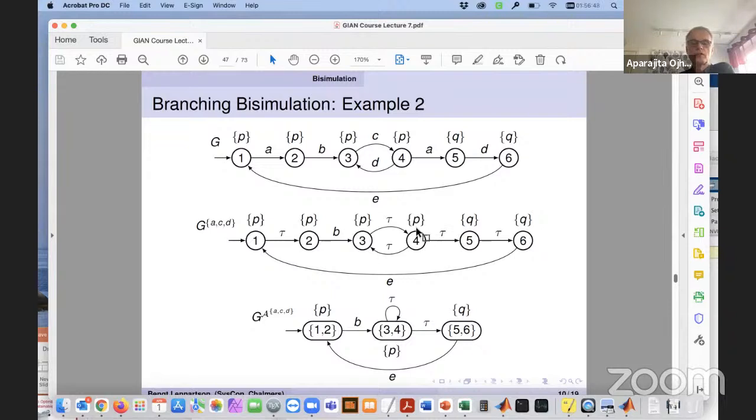And then from this P state label to the Q state label, you have a possibility to join 5, 6, and then you have a visible E event back. So this is the branching bisimulation reduction or abstraction from this original model, where we have identified some local events. So quite many tau events we have in this, and then we can reduce that from 6 states to 3 states.